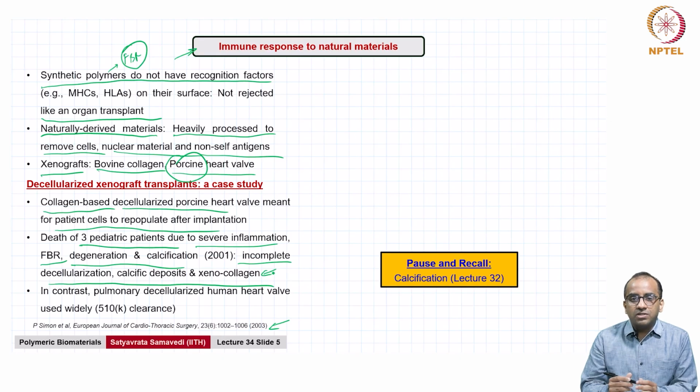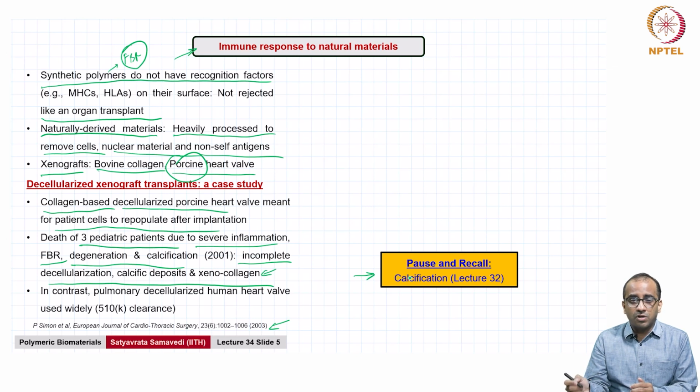Now, incomplete decellularization, where if you have cell debris left, that's going to be extremely problematic from the host perspective. If you have cells from another species that remain, this is going to mount a severe immune response upon implantation. The other one, calcific deposits, we have already seen.